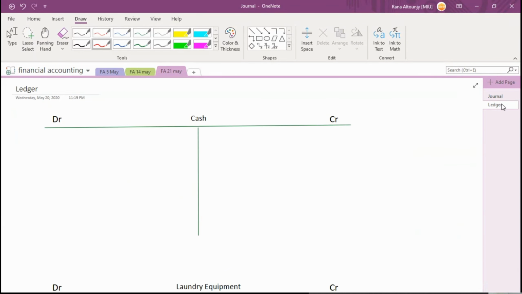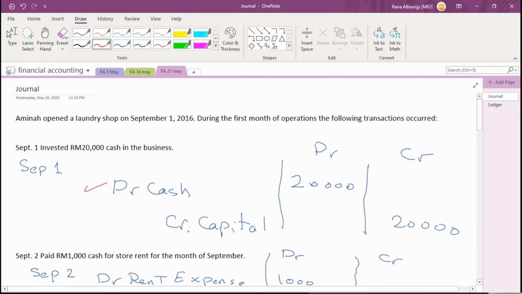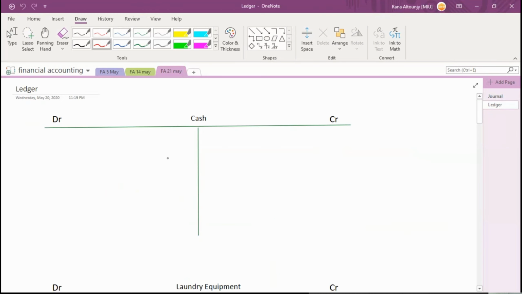What do we do? We go to the cash account, we go to the debit side, then we write here the other side of the transaction, which is capital 20,000. So we write 1st September, capital 20,000.